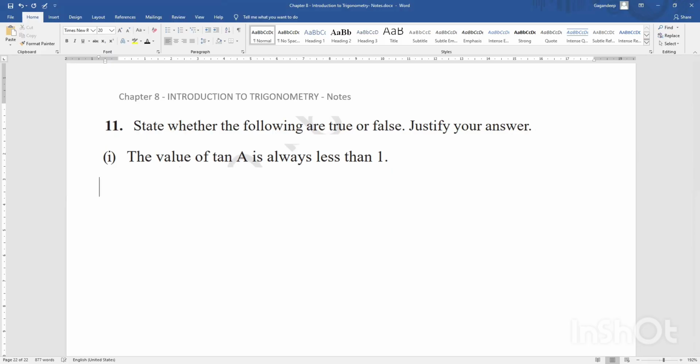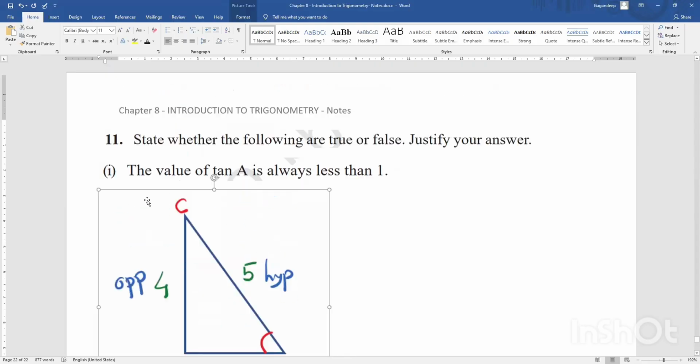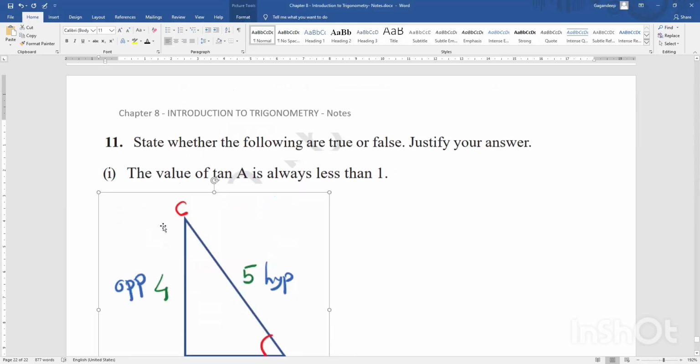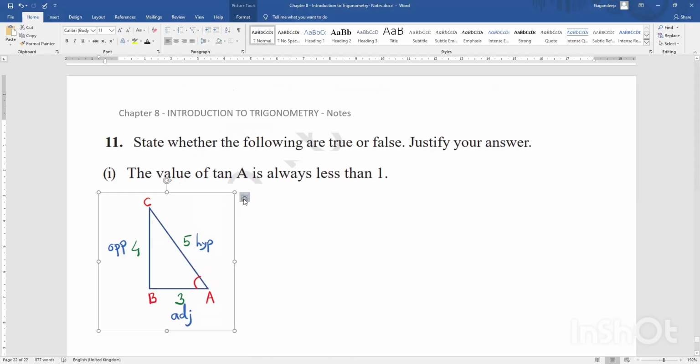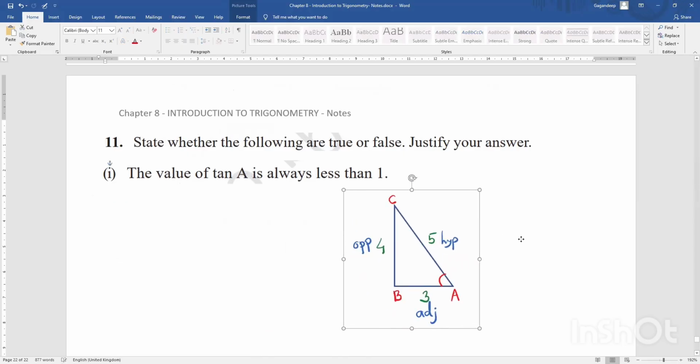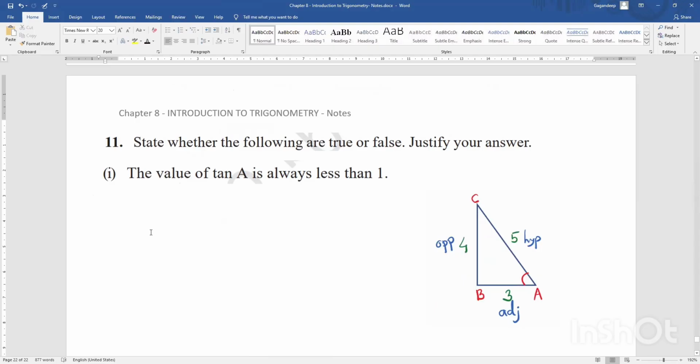So for this, I'm going to consider a triangle with the following dimensions.